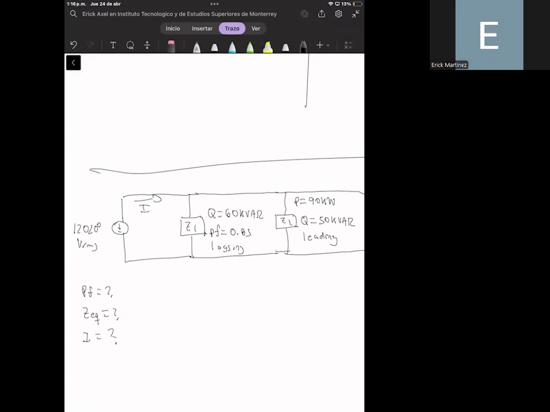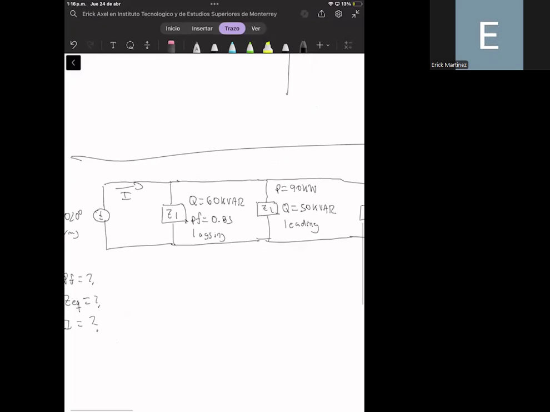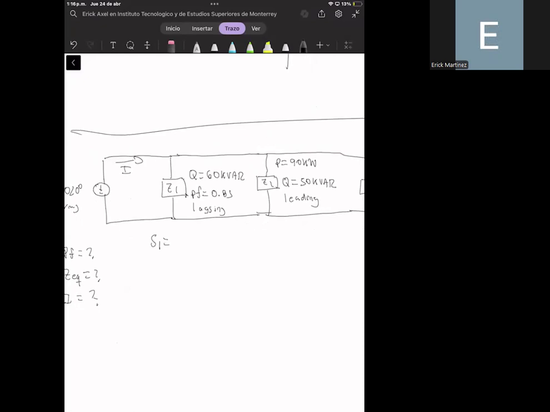So first, let's compute the complex power of the first load. According to the data that we have, we know that we have 60 kilovars. And also we know that the power factor is lagging. That means that this first complex power is in the first quadrant because it is lagging.